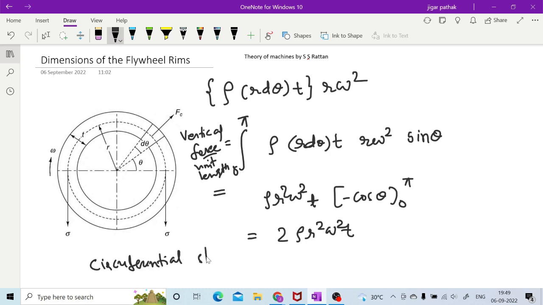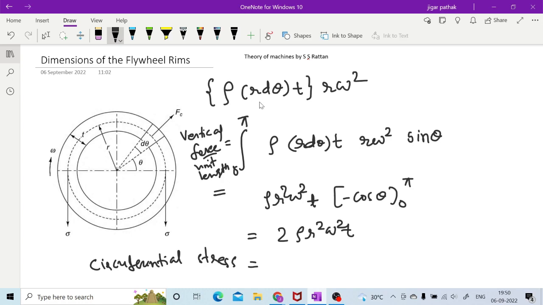Sir, what is the unit of rho here? Rho is density, मतलब मास बटे वॉल्यूम. सर यहाँ पर तो r dθ t तो एरिया हो रहा है ना. Sorry, dr भी होता तो थोड़ा अच्छा रहता सर.